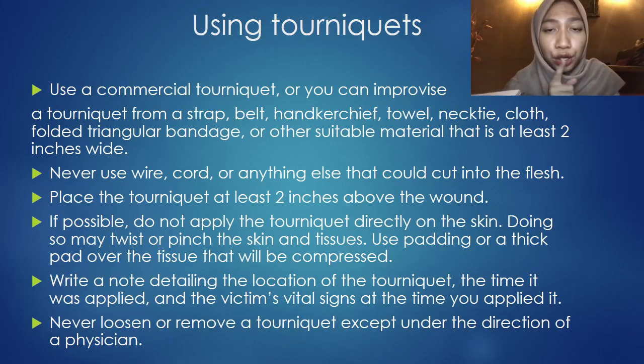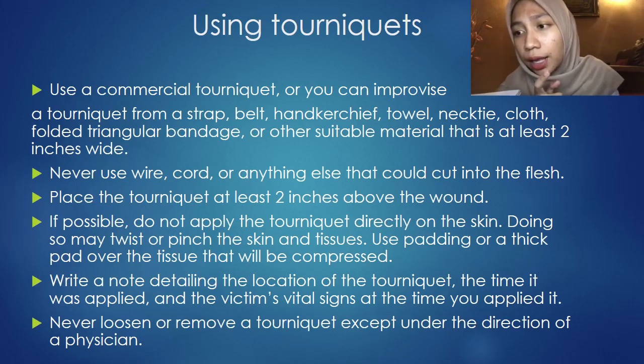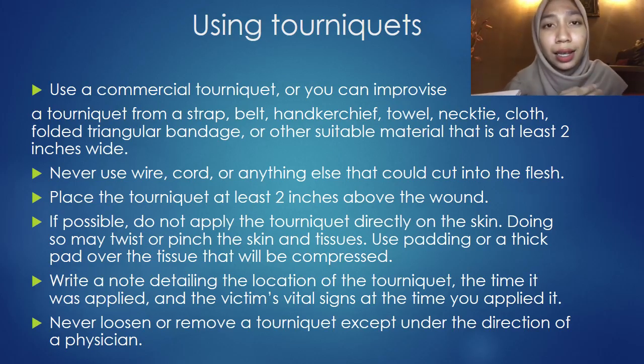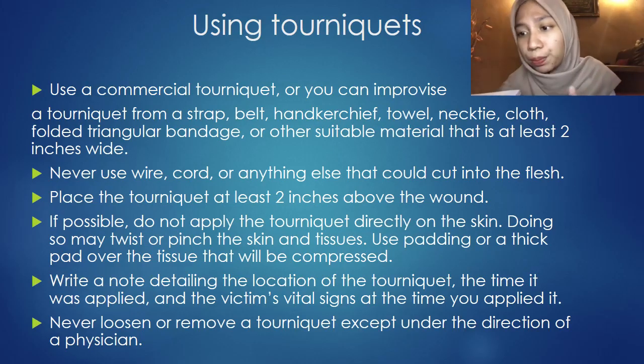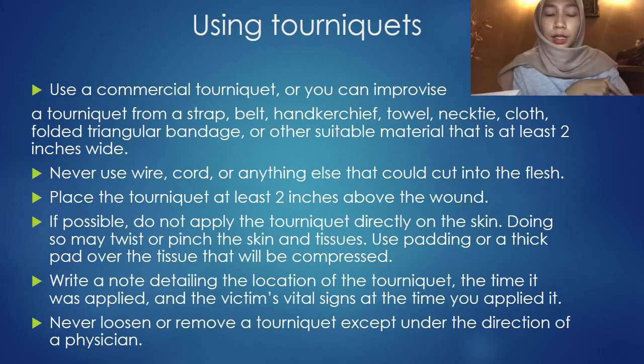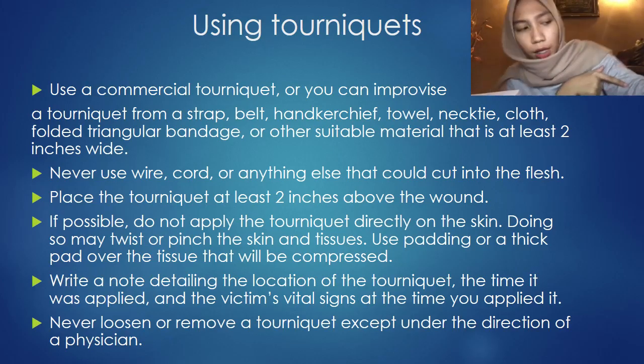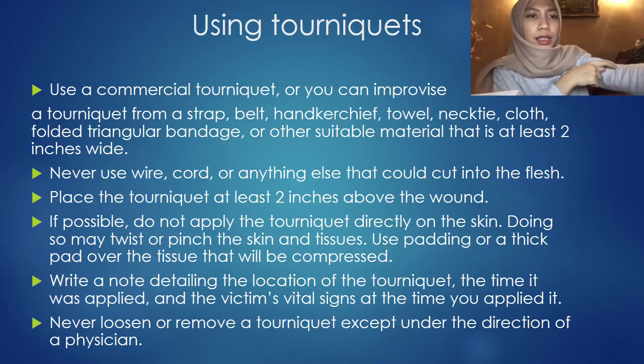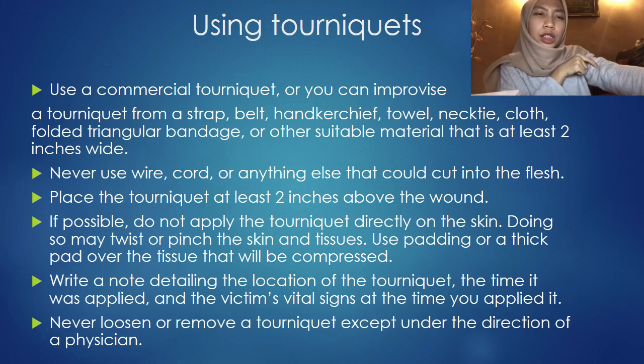But do not use wire or cord or anything that can cut into the flesh. Okay, place the tourniquet 2 inches above the wound. So let's say the wound is here, then you must place the tourniquet 2 inches above the wound.